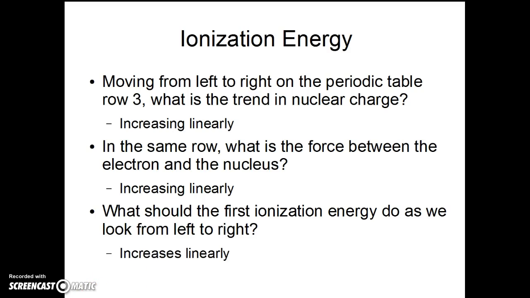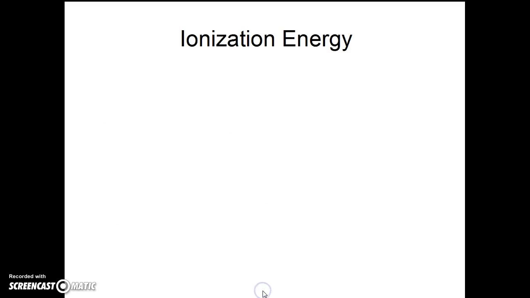It should increase fairly linearly. Now, there are other factors that can enter into it. And as we might imagine, the electrons get a little tighter, a little closer to the nucleus as you go from left to right. And so there's a distance effect that might increase it more than linearly.